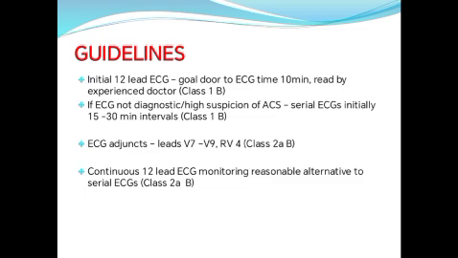Also, we can do ECG with adjunct leads, that means the posterior leads and the right leads. I already explained this in the previous lecture. Continuous 12 lead ECG monitoring could be a reasonable alternative to serial ECG, which can be done every 15 to 30 minutes.